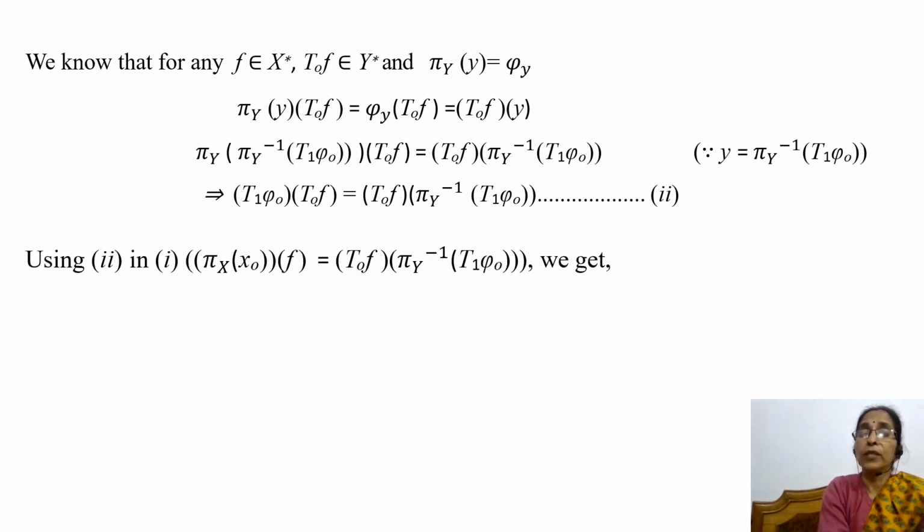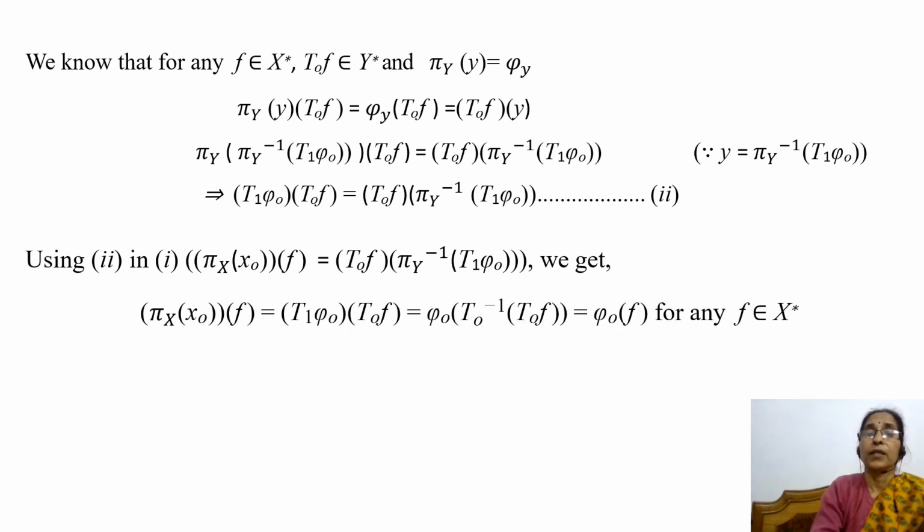Using 2 in 1, for ready reference I have given 1, which is pi x of x naught of f equal to T naught f of pi y inverse of T1 phi naught, and so we get pi x of x naught of f equal to T1 phi naught of T naught f.